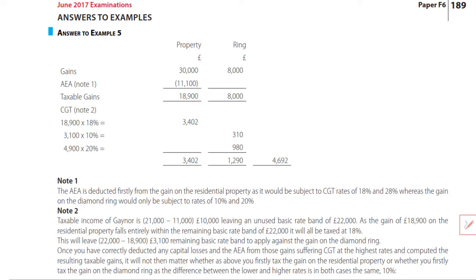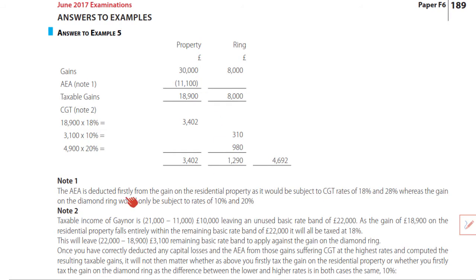That, of course, is going to be the residential property. So we've got gains of 30,000 and 8,000 respectively, AEA 11.1, and therefore the taxable gain 18.9.